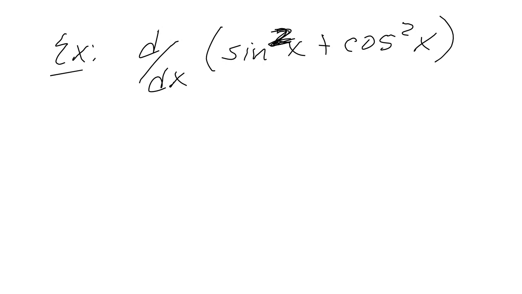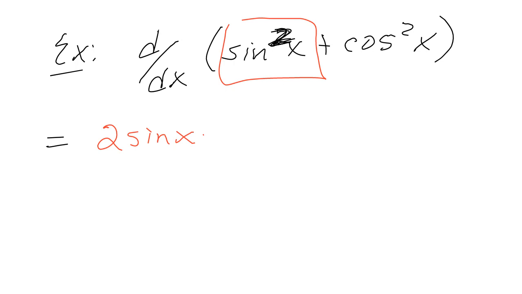So the derivative of the sum is the sum of the derivatives, right? So for the first part, I'll do the first part in red. I'm going to act like it's okay. We just did this one. It's 2 sine x to the first power times the derivative of sine, which is cosine, times the derivative of what's inside. So that's a chain rule, right? You must agree because it was sine quantity squared.